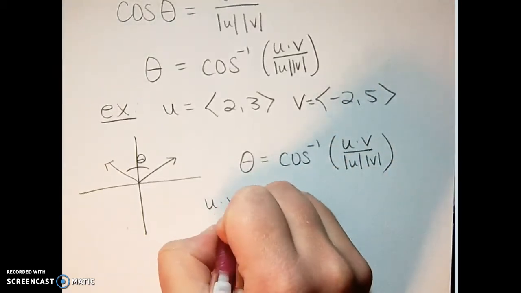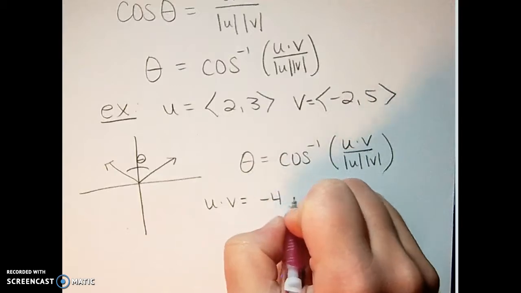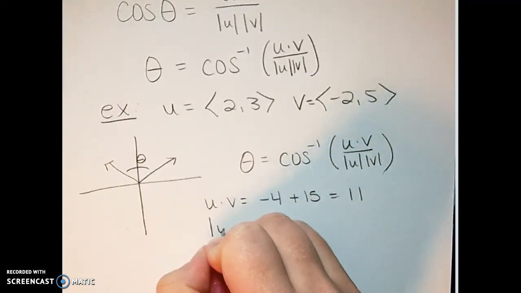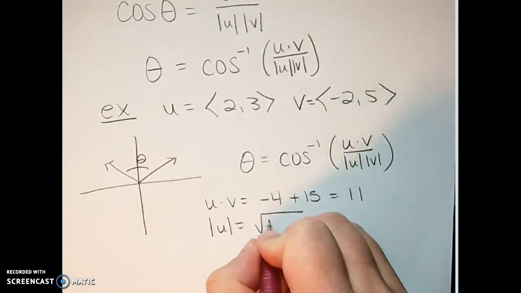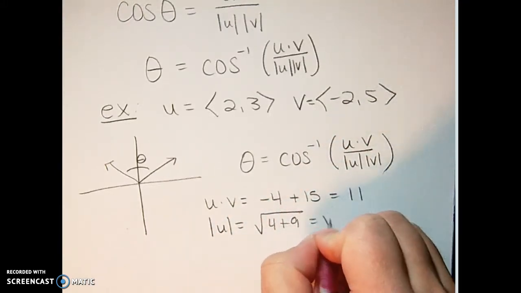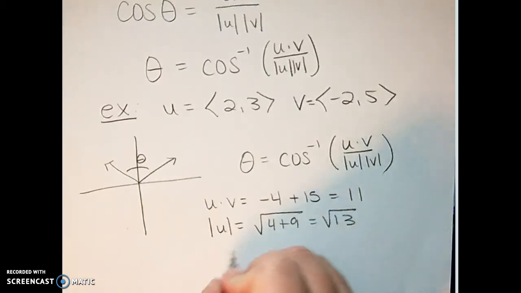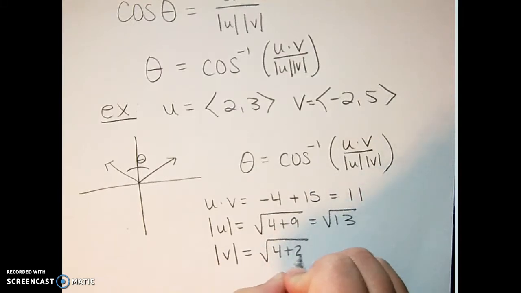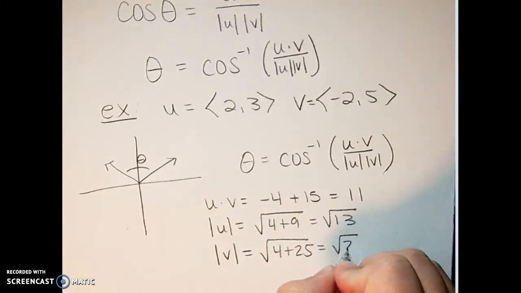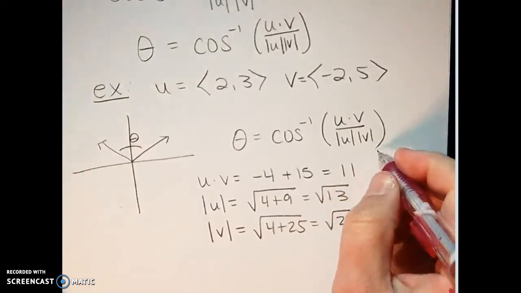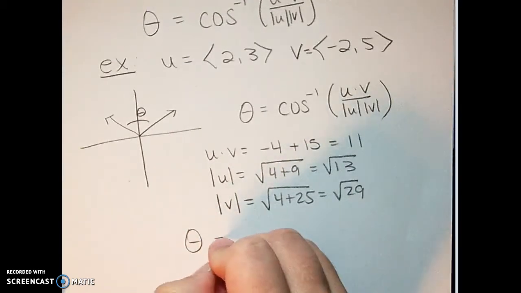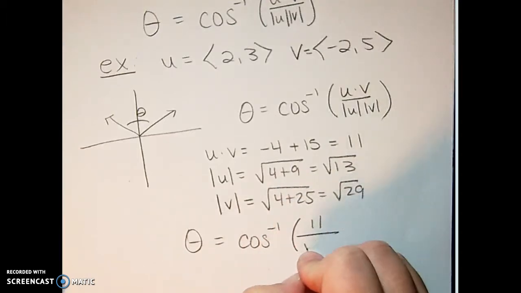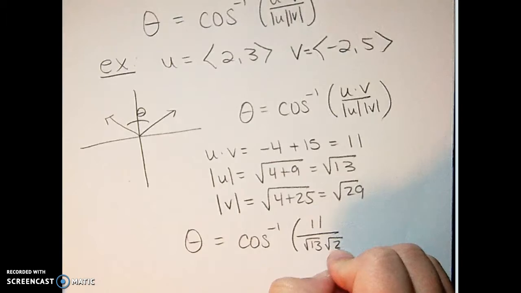Your dot product would be negative 4 plus 15, or 11. The magnitude of u is the square root of 4 plus 9, which is the square root of 13. The magnitude of v is the square root of 4 plus 25, or the square root of 29. So when we plug these in, theta is the cosine inverse of 11 over the square root of 13 times the square root of 29.